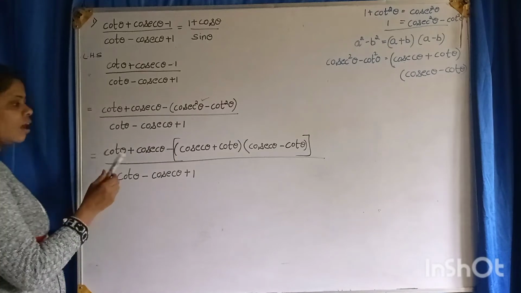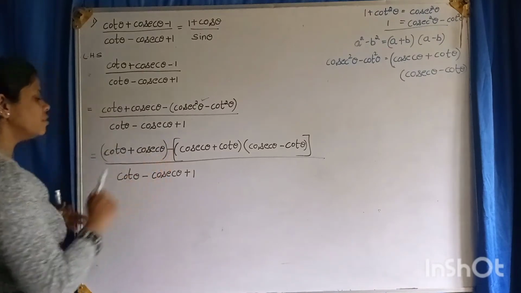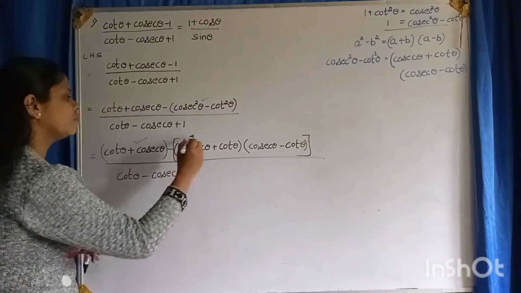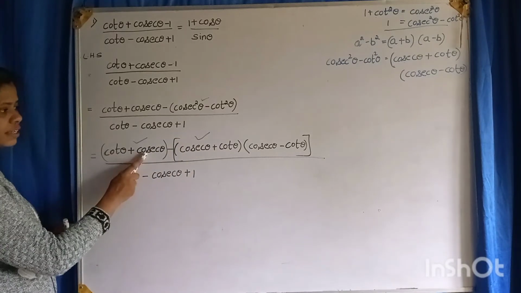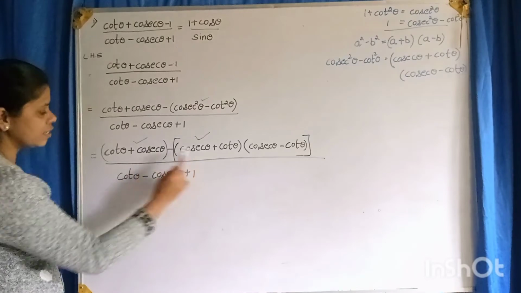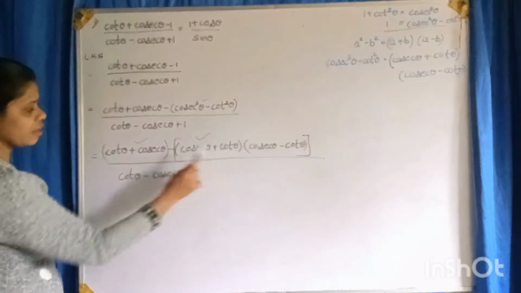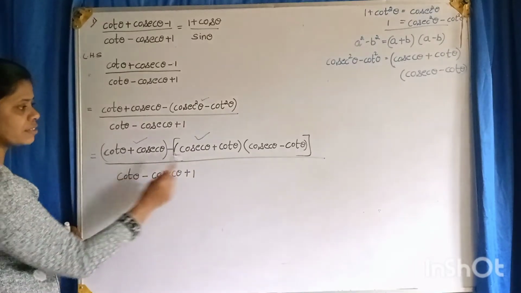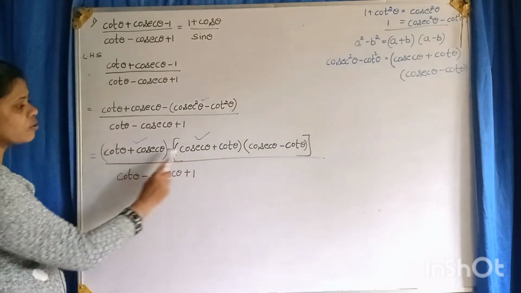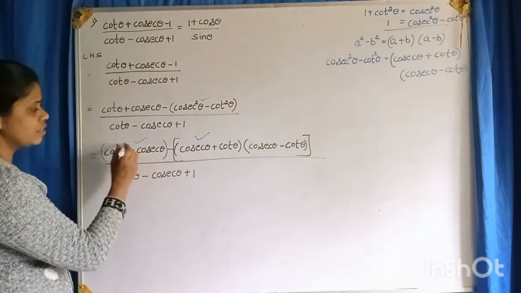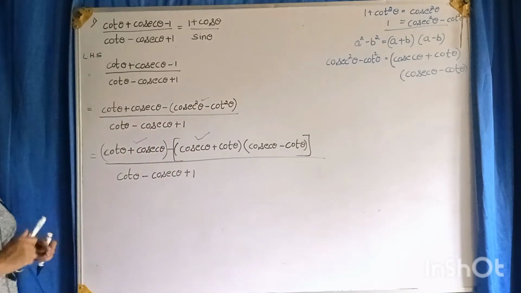Okay. Now observe these two are common, right? Cot theta plus cosecant theta. Here for cot theta we have plus sign and for cosecant theta we have plus sign. And here also cosecant theta has plus sign. Means both are common here. This one and this one. Take common.